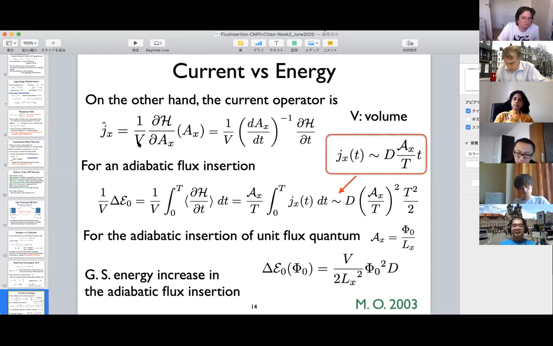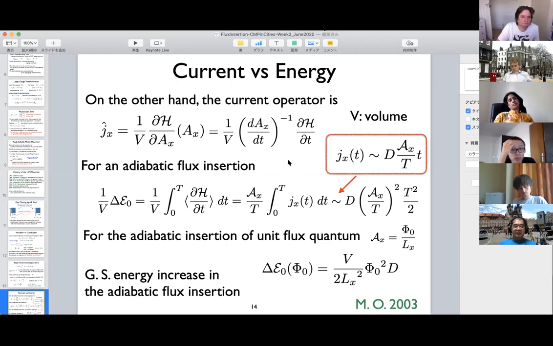But if you are inserting a flux at a constant rate, then the vector potential is proportional to the time. So in this setting, the current operator can be related to the time derivative of the Hamiltonian. So you get some factor because A_x and T are related.